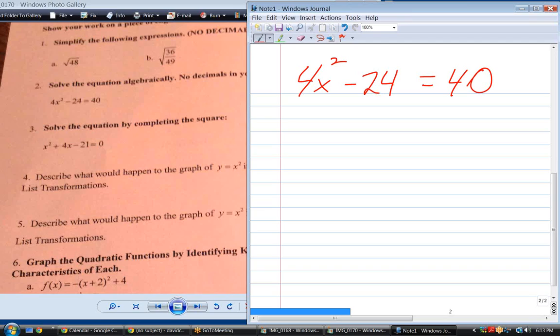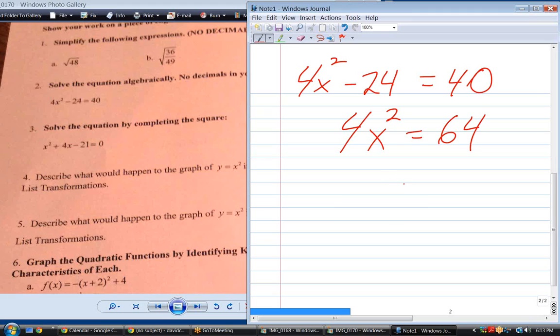What's one of the first, what's something I can do to simplify this thing and make it less numbers? 24. Okay, that's a reasonable first step. Now what can I do? You could divide.